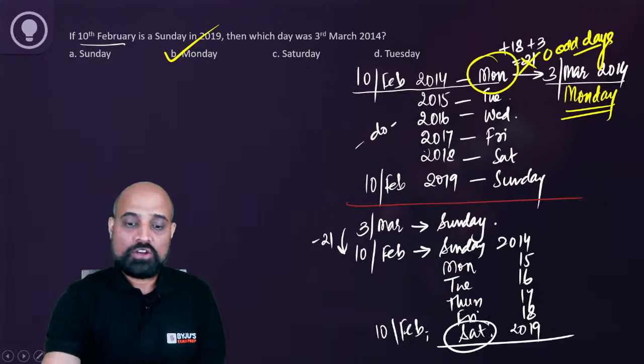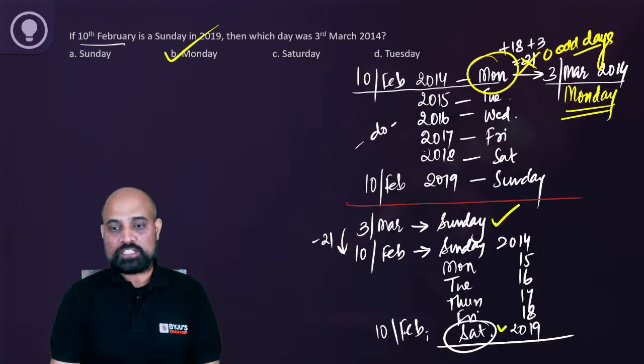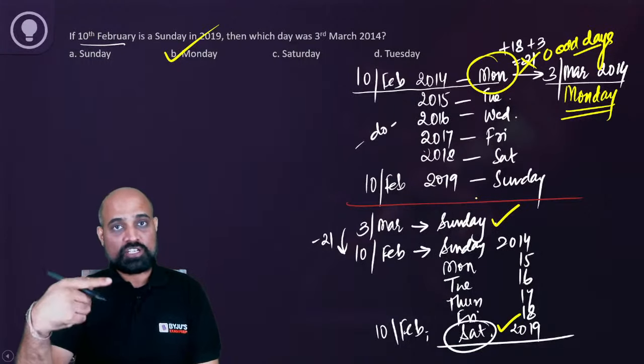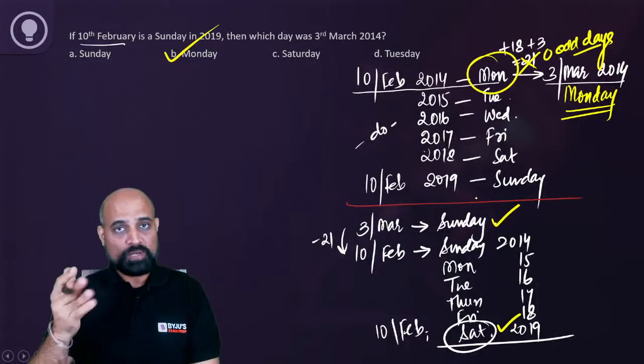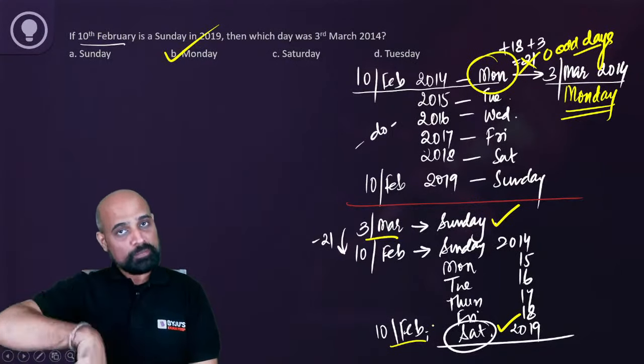Saturday आया. Now what you are going to do is you are going to compare कि if I started with Sunday, this was a Saturday. तो can I say ये जो डेट का रिलेशन है, ये consecutive days आ रहे हैं इधर को, +1 और -1 depending upon from which point you are checking. If you are taking 3rd March as the reference point, so 10th February is going to be 1 day behind it.